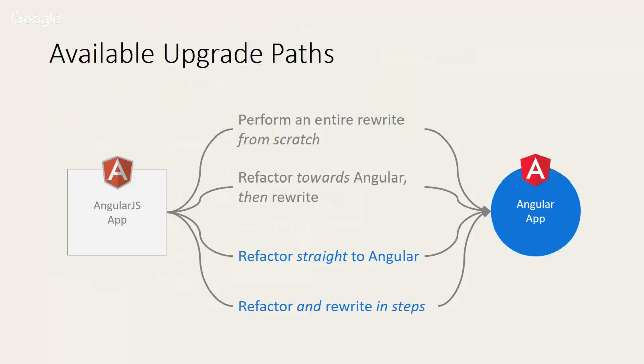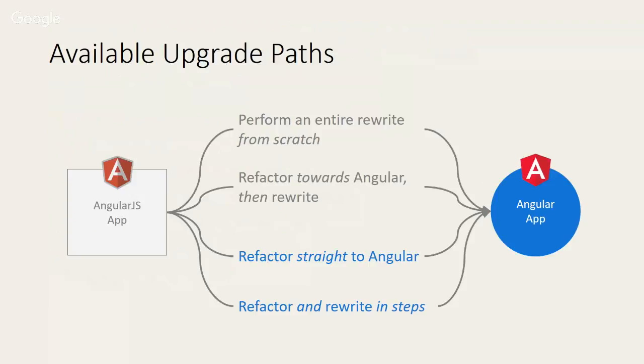Our next option would be to refactor that existing AngularJS code towards Angular using some of those concepts that we covered earlier in our series, and then we could do a rewrite in Angular with a new project. Our third option would be to refactor the existing AngularJS project straight to Angular.